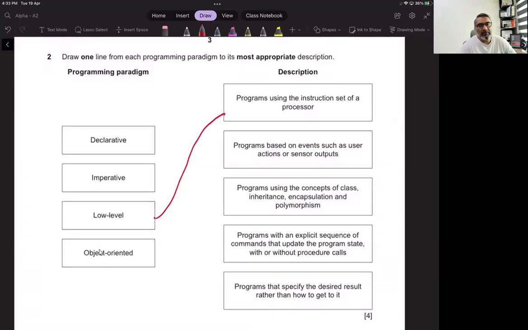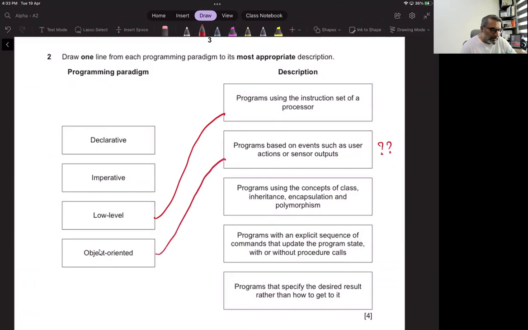Programs based on events such as user actions and sensor output. Leave it out because this seems like it is monitoring and control description. Programs using the concept of class, inheritance, encapsulation, and polymorphism. So this is object-oriented.